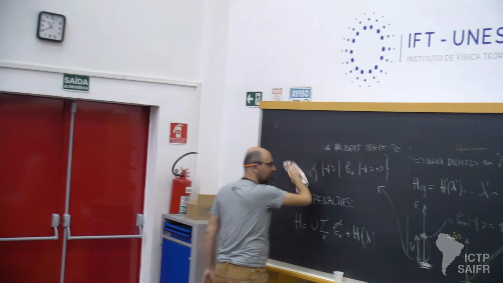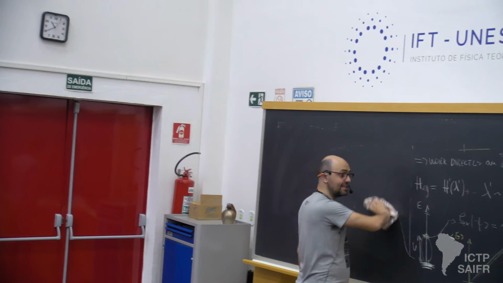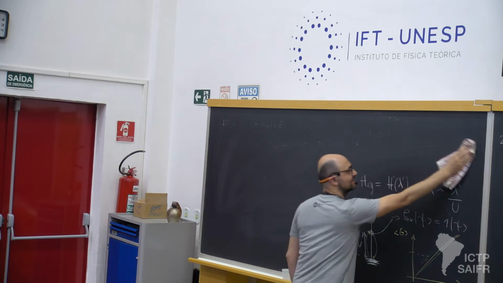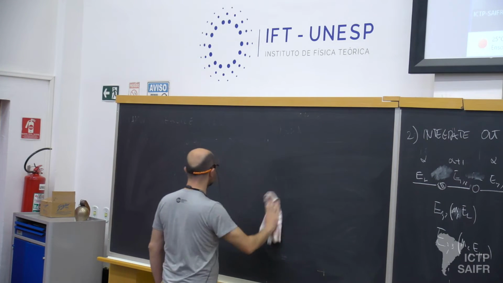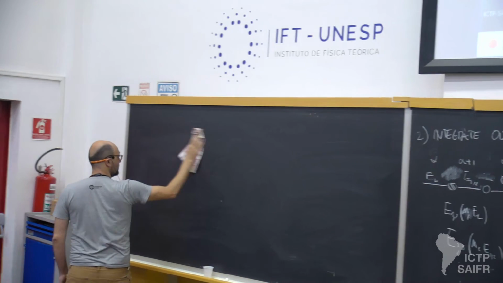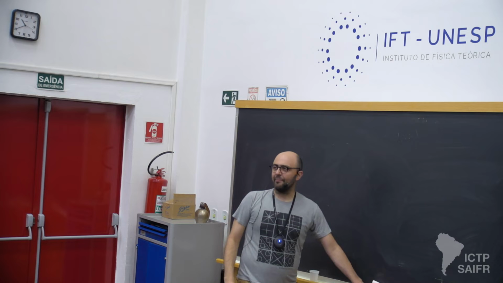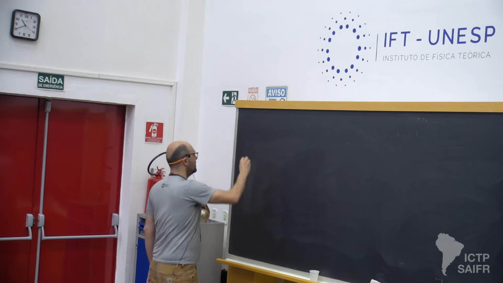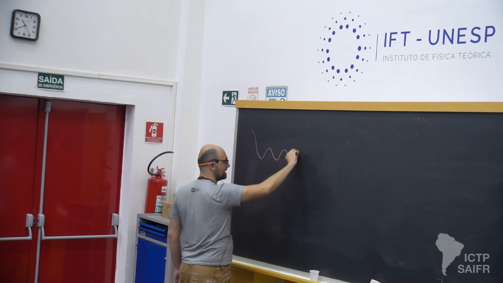Now, this is work that I was involved in, so I will try to present it without being too biased. Okay? And the idea that we had was to use 2 types of atoms that you can trap independently. Okay? And for one type of atom, we proposed to use a lattice of this type.